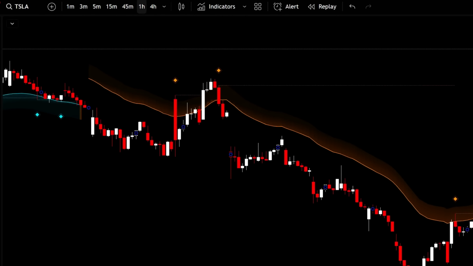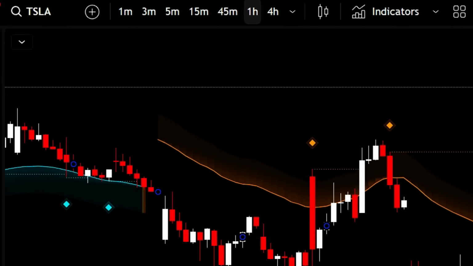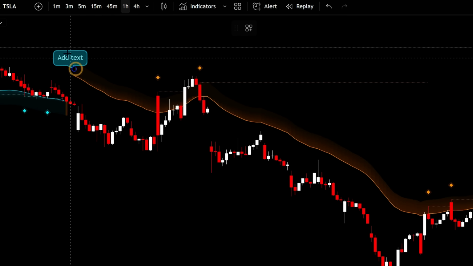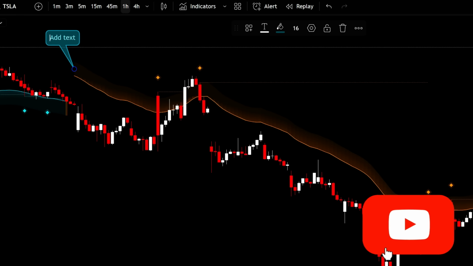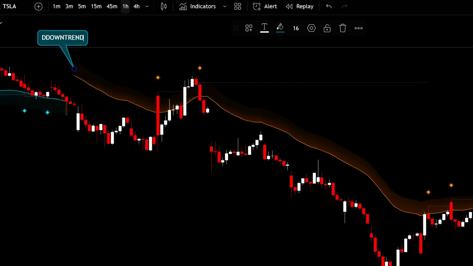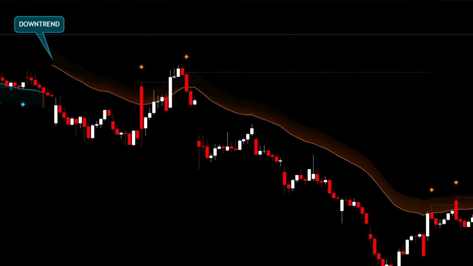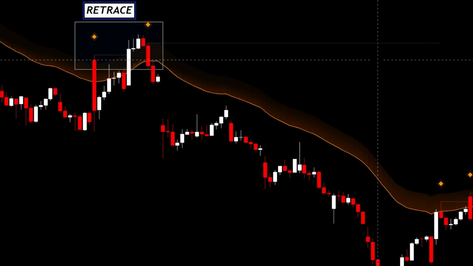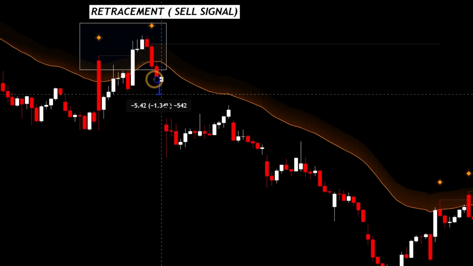Now let's switch to Tesla. Price moves below the red cloud, confirming a downtrend. We wait for a pullback into the same red cloud, and there it is. The indicator prints a pullback signal, giving us a clean sell setup.